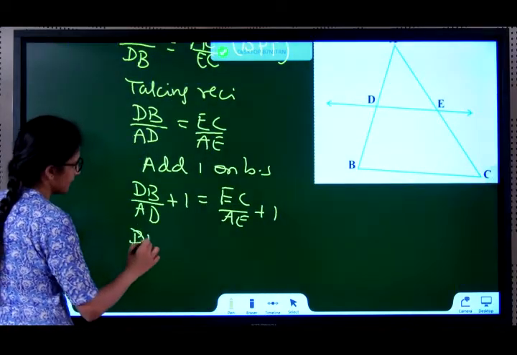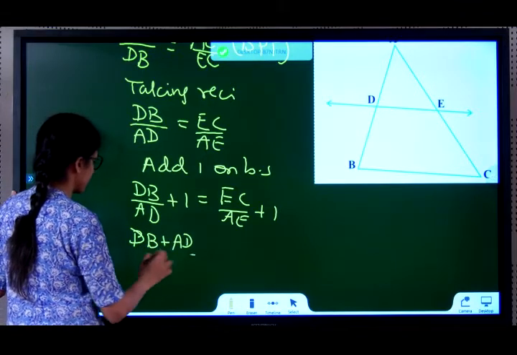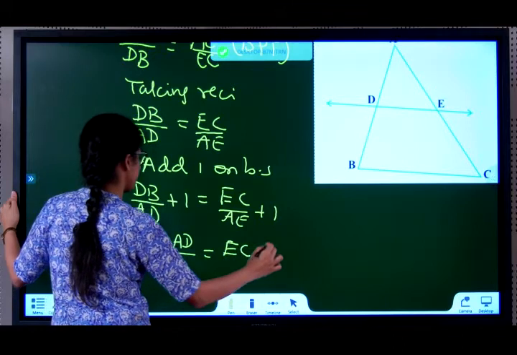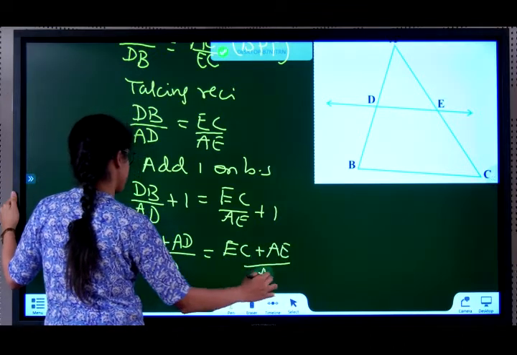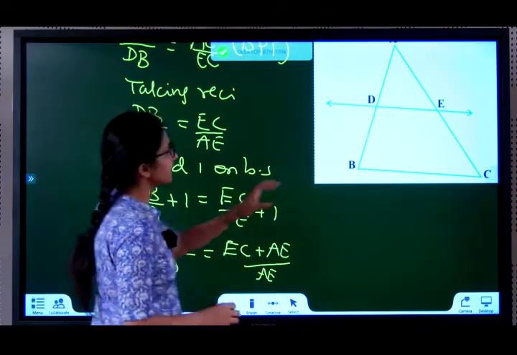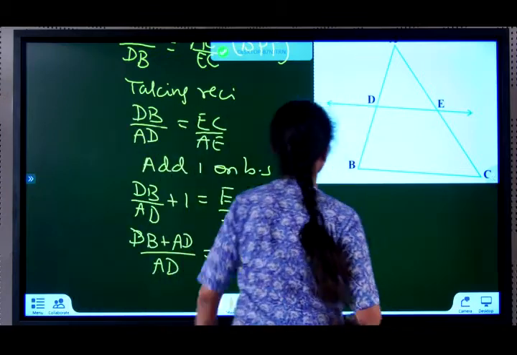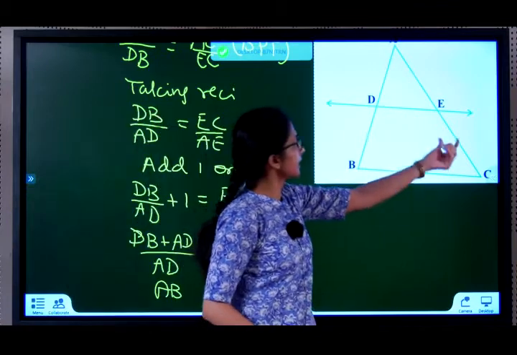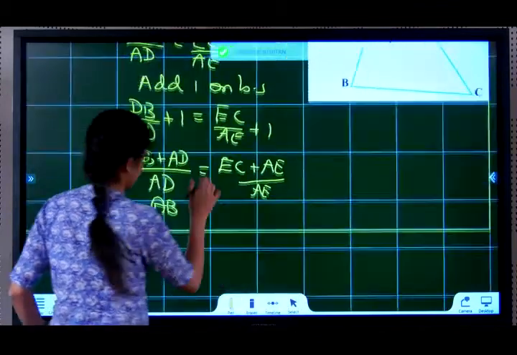Taking LCM, DB plus AD divided by AD is equal to EC plus AE divided by AE. DB plus AD is nothing but AB. EC plus AE is nothing but AC.